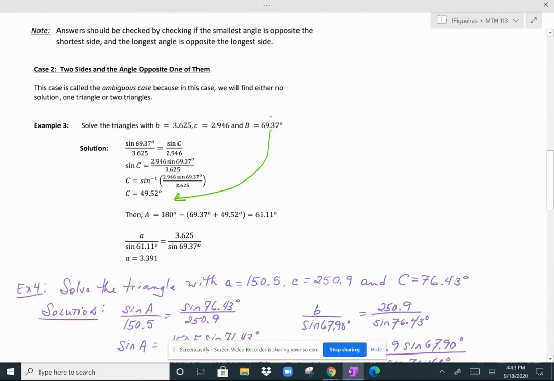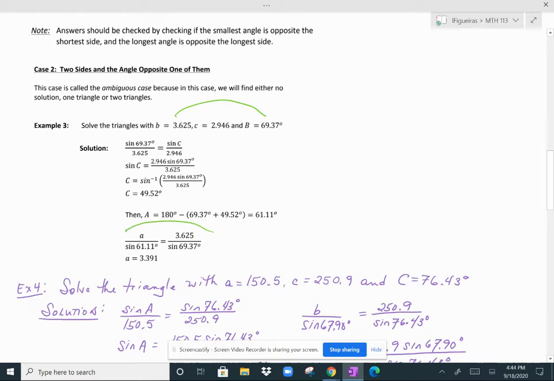Okay, but now I know angle B and angle C. We can find angle A by adding the 2 angles and subtracting it from 180. So you get that angle A is 61.11 degrees. So now that I know my angle, I can solve for side A and use this proportion here.